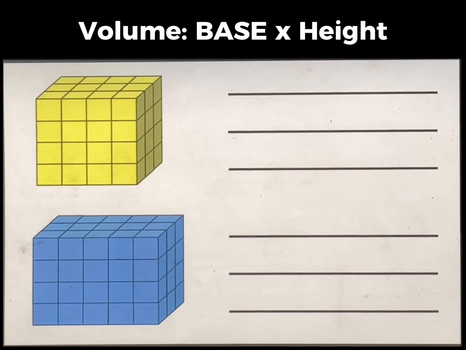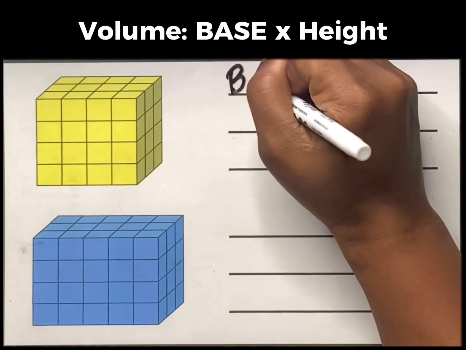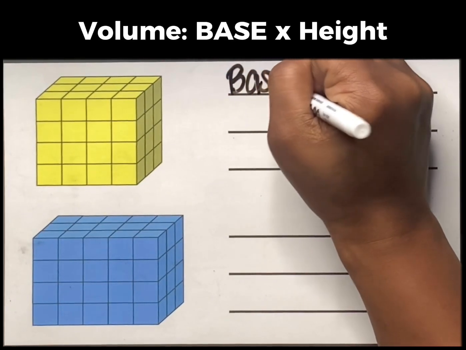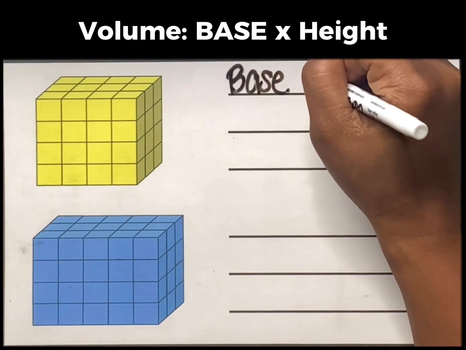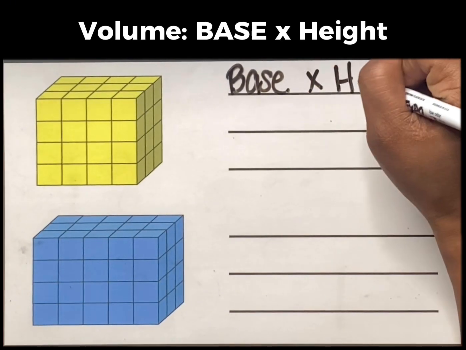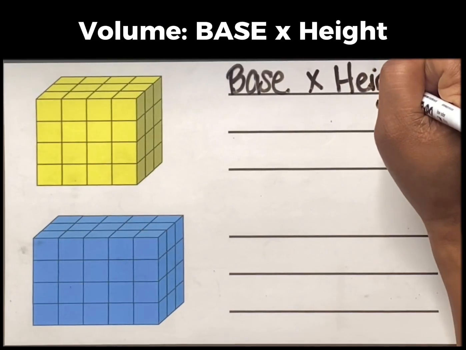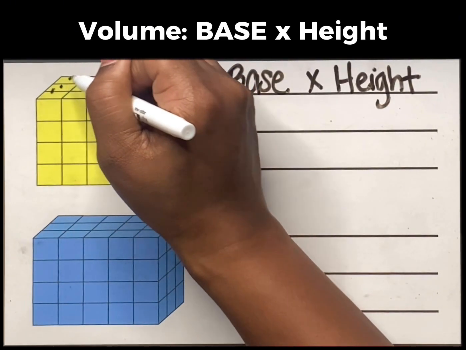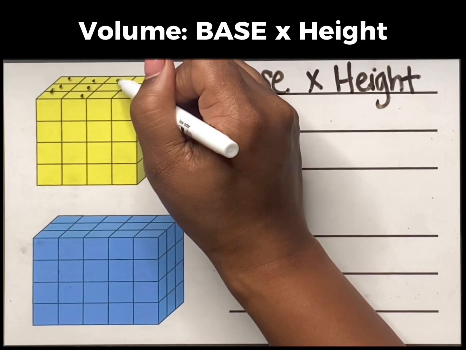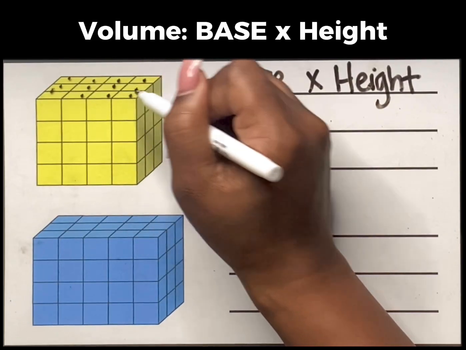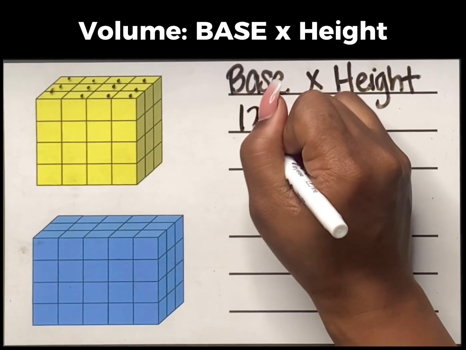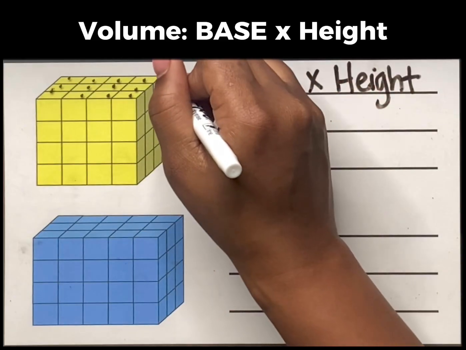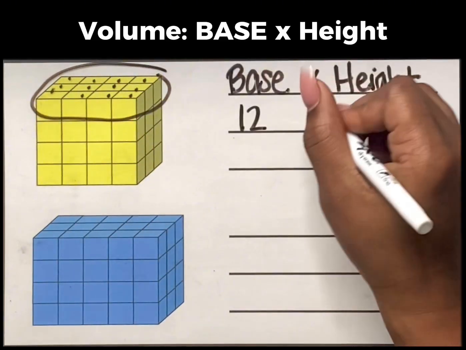Let's try another one. Our next example, we're going to again count 1 layer, and that 1 layer is known as the base. And then we're going to multiply by the height, which is the number of layers of our base. 1, 2, 3, 4, 5, 6, 7, 8, 9, 10, 11, 12. I have 12 cubes in that base, that 1 layer.